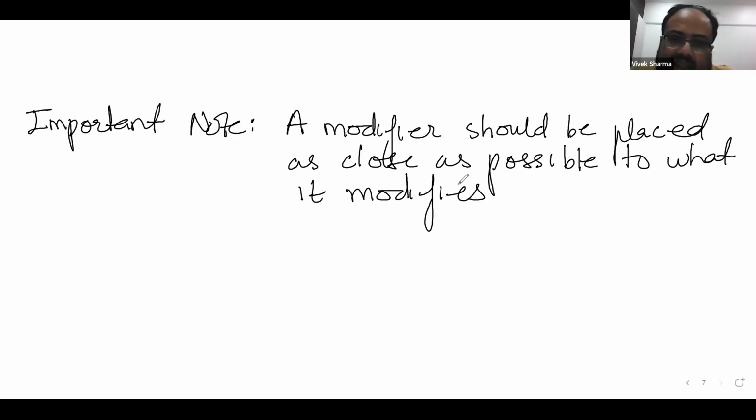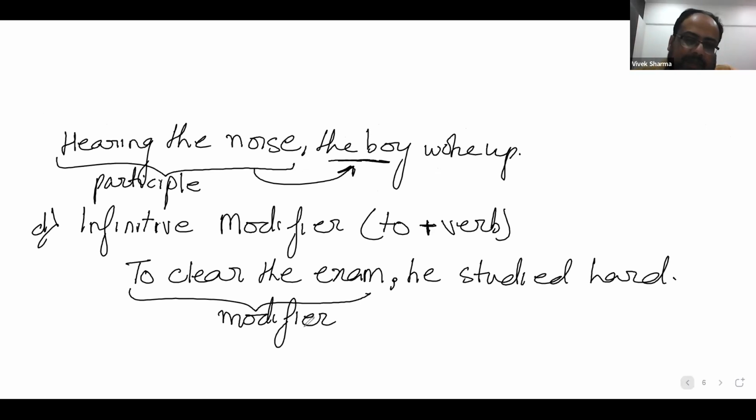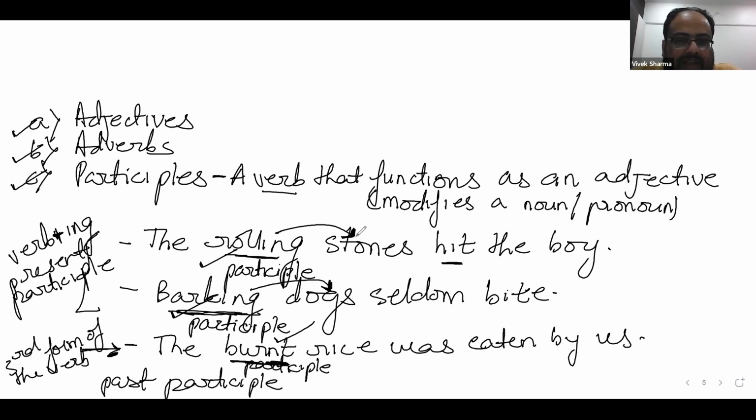You can have a look at any one of the sentences that we have discussed till now. You will notice that in most of the cases, the modifier is placed next to what it modifies. Like for example, to clear the exam is placed next to he. Hearing the noise is placed next to the boy. Even in our other examples, rolling is placed next to stones, barking is placed next to dogs, burnt is placed next to rice.